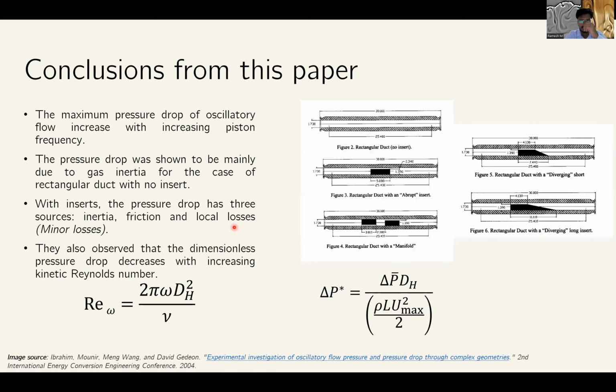Local losses are also called minor losses. So they concluded that the dimensionless pressure drop and the kinetic Reynolds number are inversely proportional. As you can see, the velocity term is in the denominator, and it can also affect the Reynolds number.